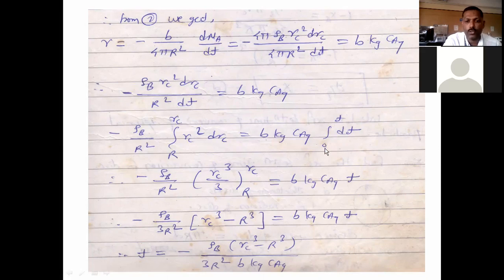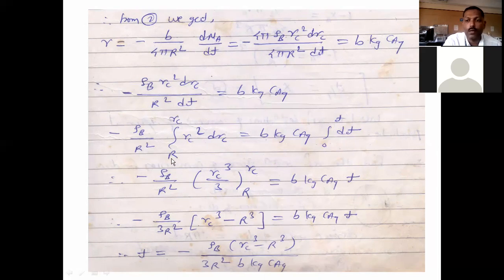When time t equals 0, initially the unreacted core particle size R_C is equal to R, noting this initial size. But when t equals t, at any time, R_C is equal to R_C.